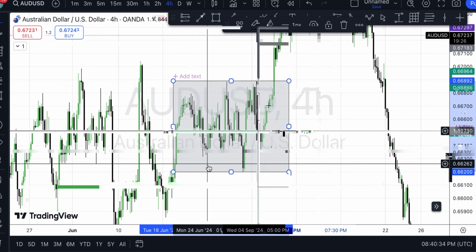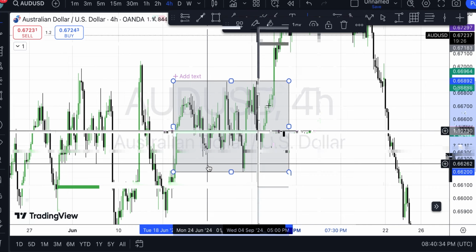A channel in Forex refers to the price pattern on a chart where the price of a currency pair moves between two parallel lines. These lines are drawn above and below the price movements, forming a channel that helps traders to visualize the range within which the price is oscillating.